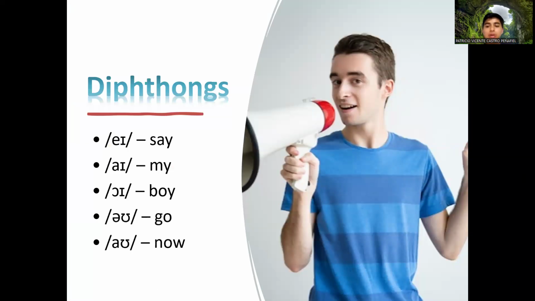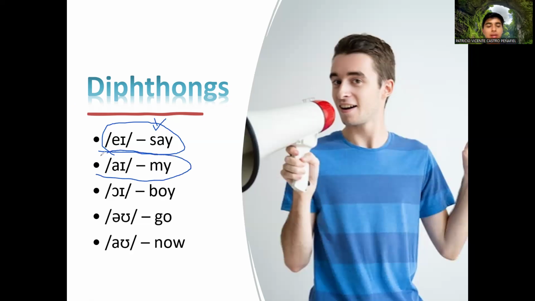Diphthongs are really important to understand because they are vowel sounds that move from one sound to another one. Here are some examples. In the first part we have this word: say. It starts with a and moves to e. Say, or name, or face.